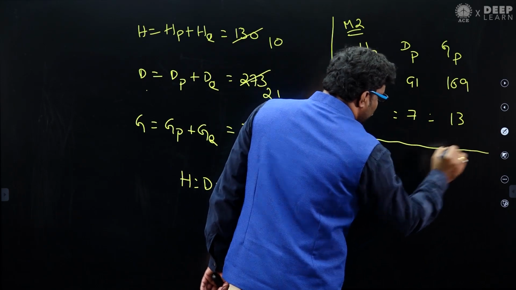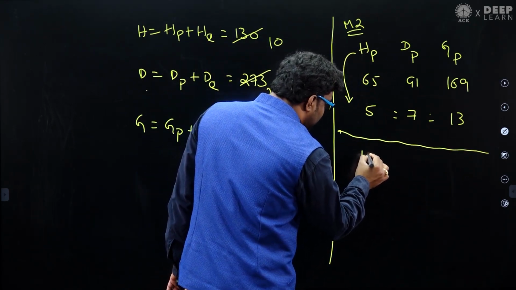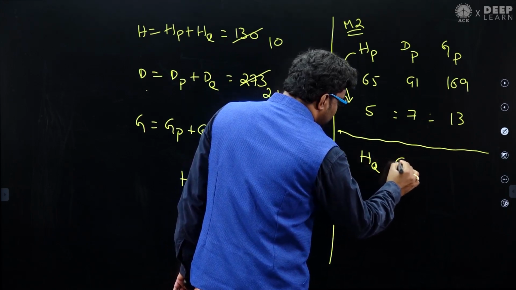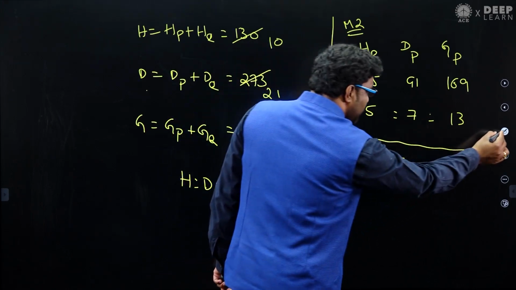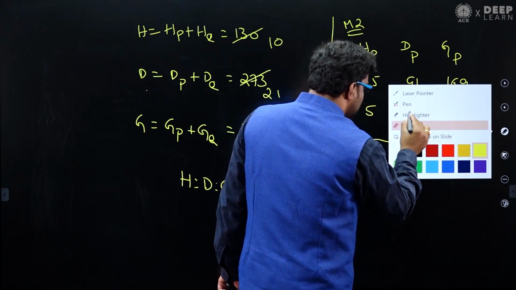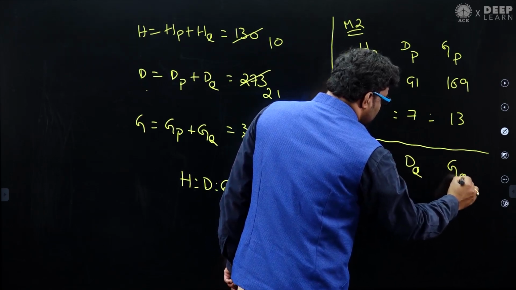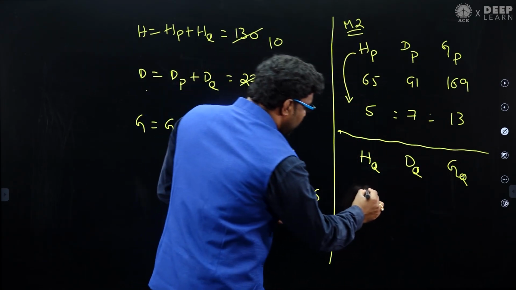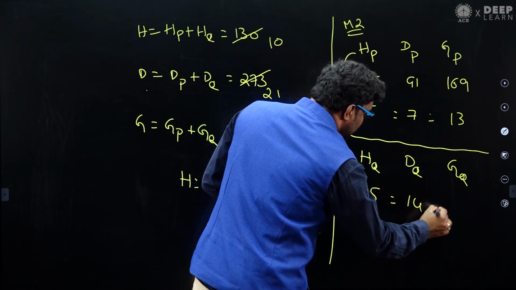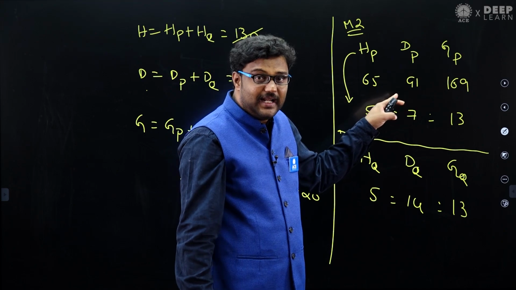That is hens, ducks and goats in form P. Whereas in form Q, what is there? They mentioned how many hens, how many ducks, how many goats. That ratio they mentioned as 5, 14 and 13. See, here the factor is into 13.